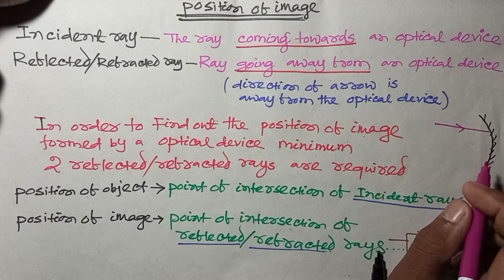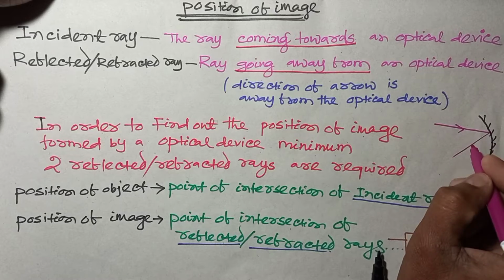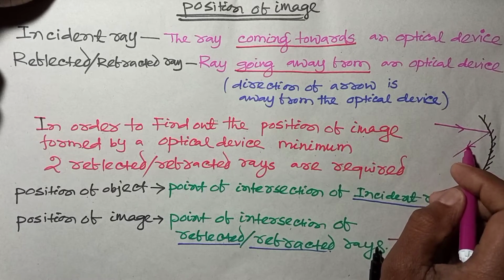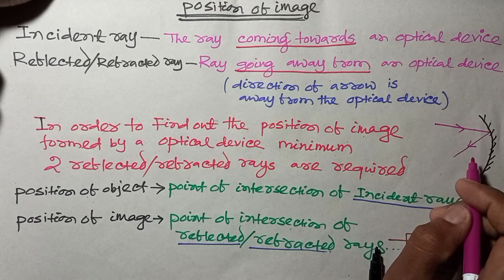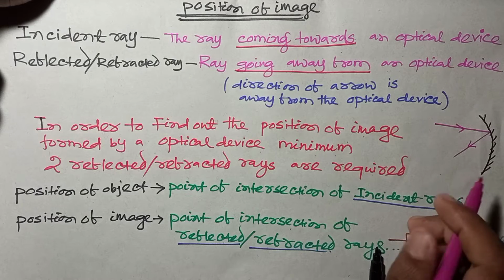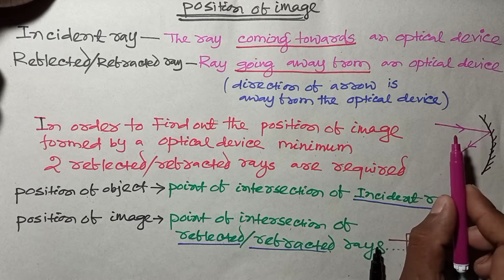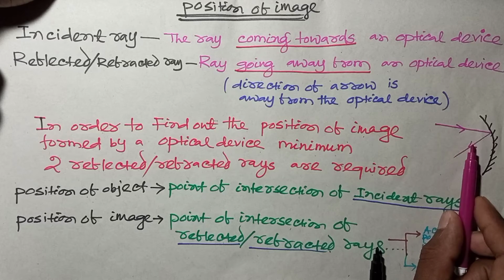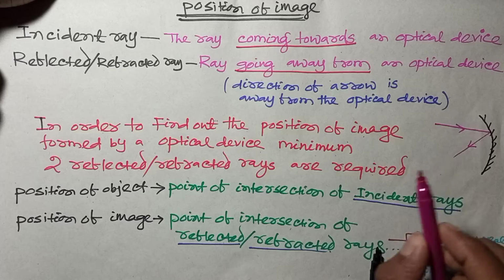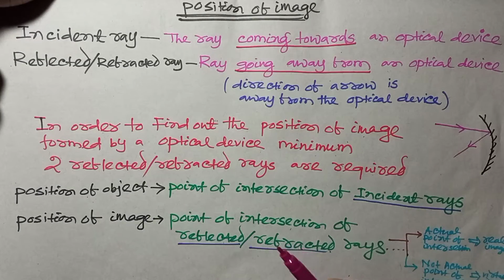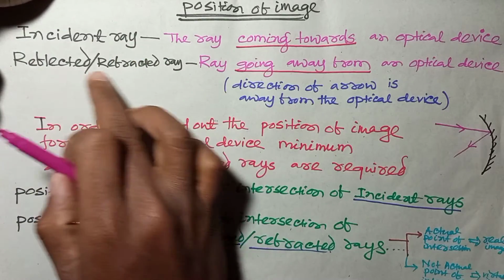And the ray which is going away from the optical device is known as the reflected ray. In case of an incident ray, the direction of the arrow is towards the optical device, and in case of a reflected ray, the direction of the arrow is away from the optical device. So from this you can identify the incident ray and the reflected ray.